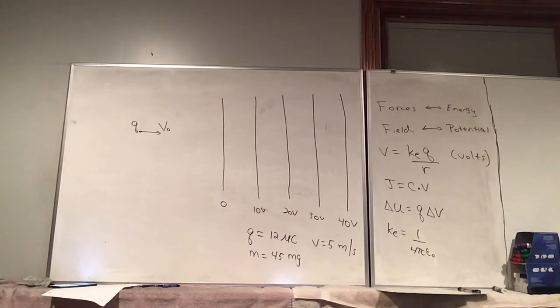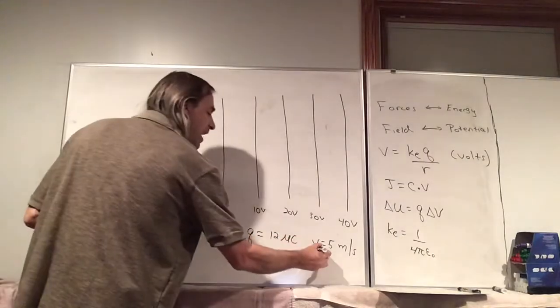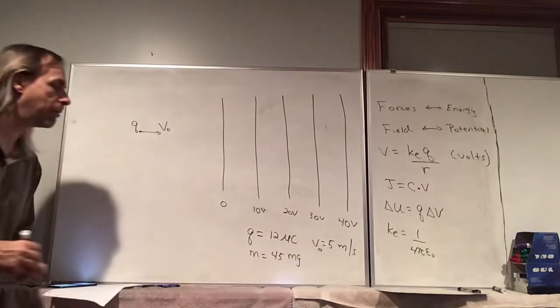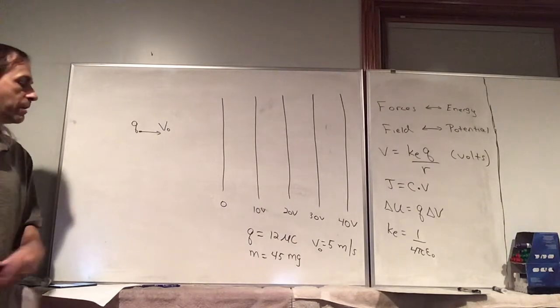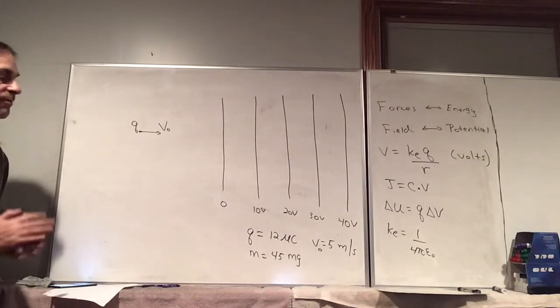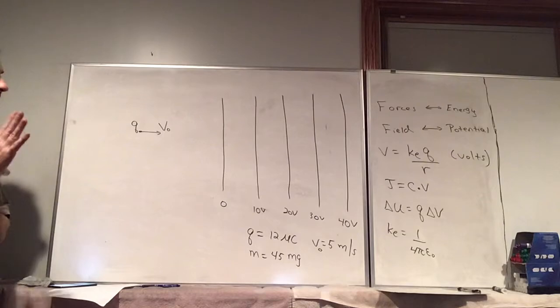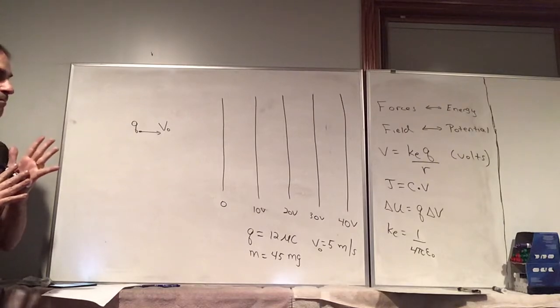So the question is, let's say we fire this projectile. It's moving at 5 meters per second. These are kind of ridiculous numbers, but you know, the idea is going to work out. So it has this charge, 12 microcoulombs, and a mass of 45 milligrams.